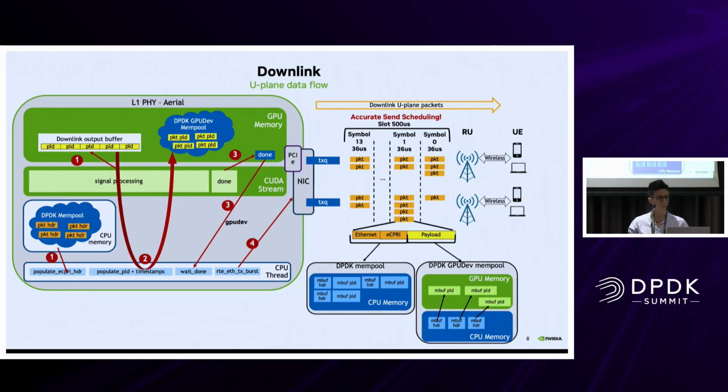So during each symbol, the Aerial software will send a subset of the packets that we must send during the slot, using the accurate send scheduling feature, so at the right time. And as I said, the final packet will be fetched by the network card from two different places: the header from the CPU memory and the payload from the GPU memory.